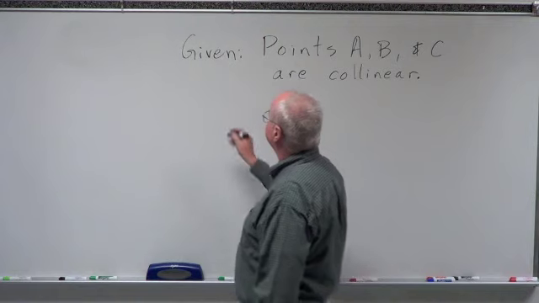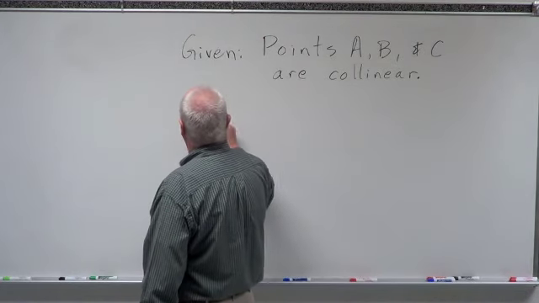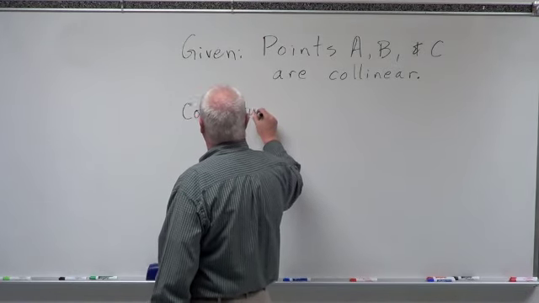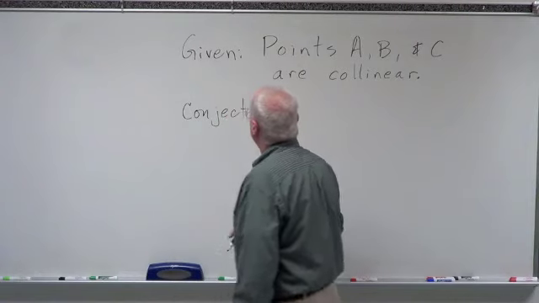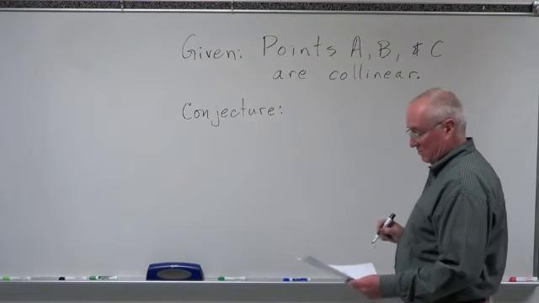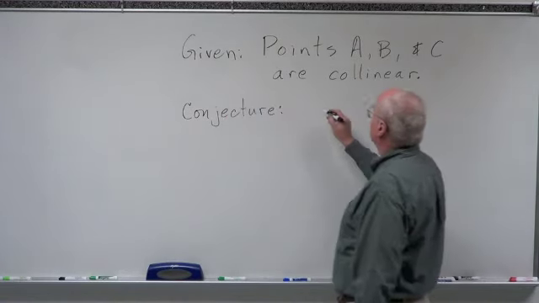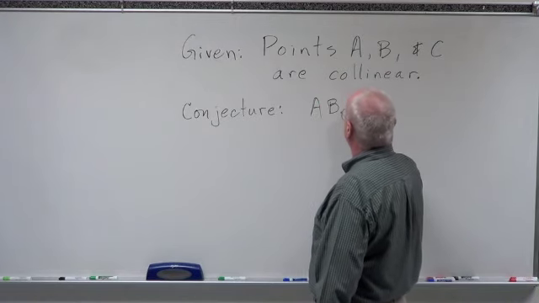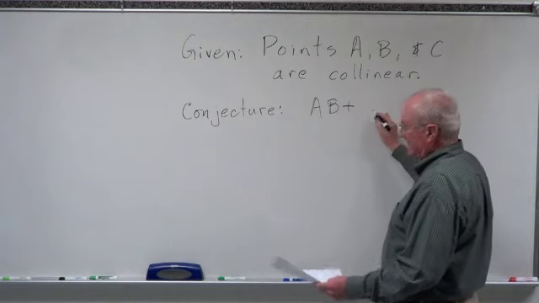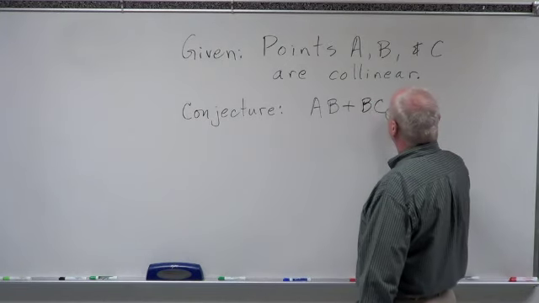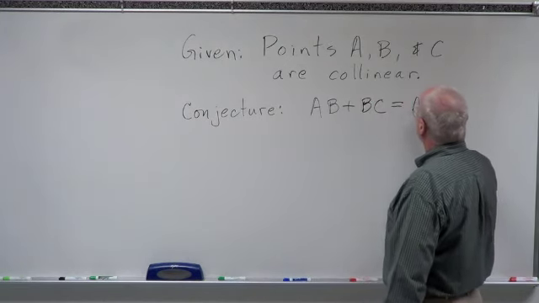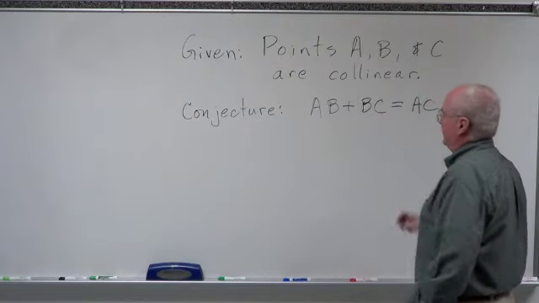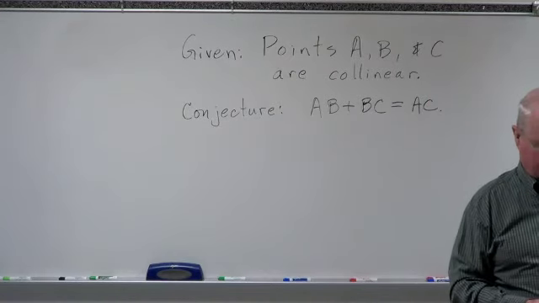All right. Conjecture: the measure of segment AB plus the measure of segment BC equals the measure of segment AC. Okay?